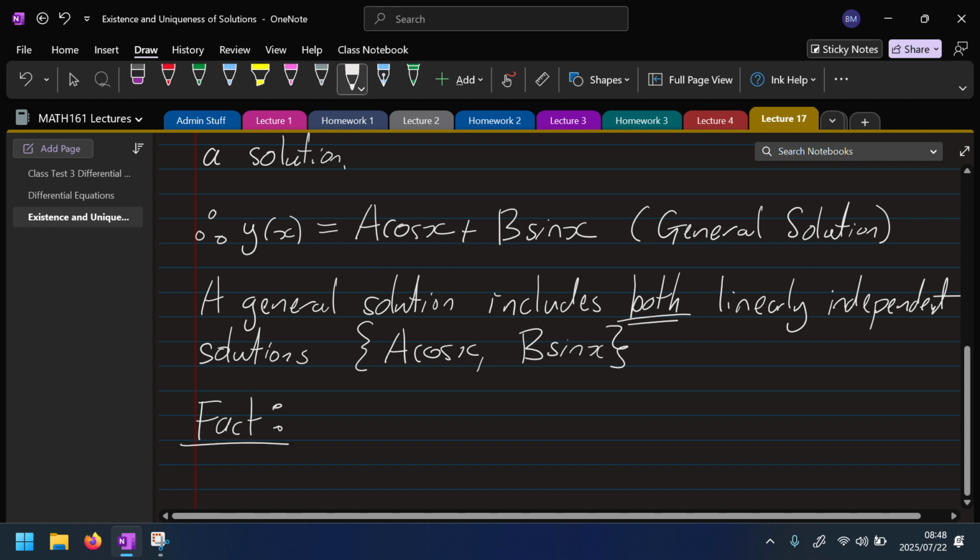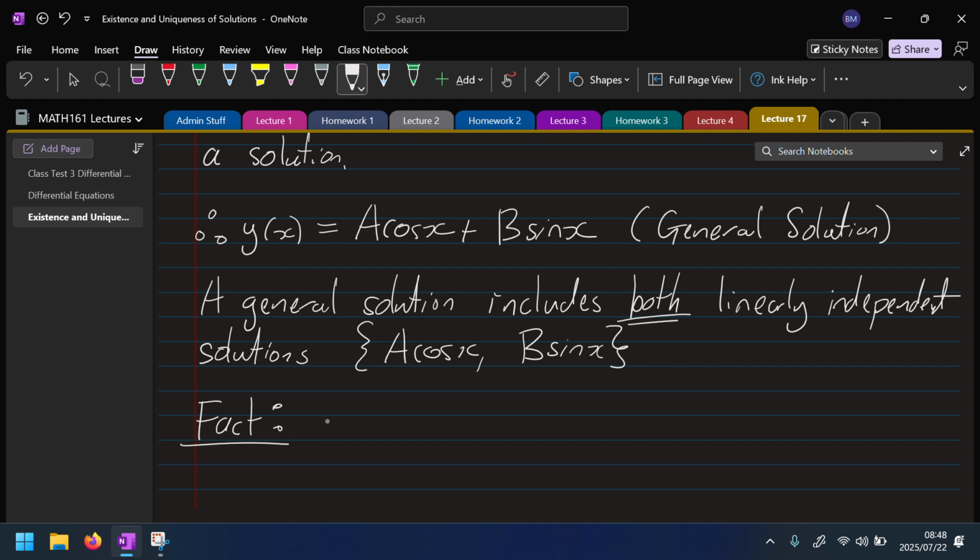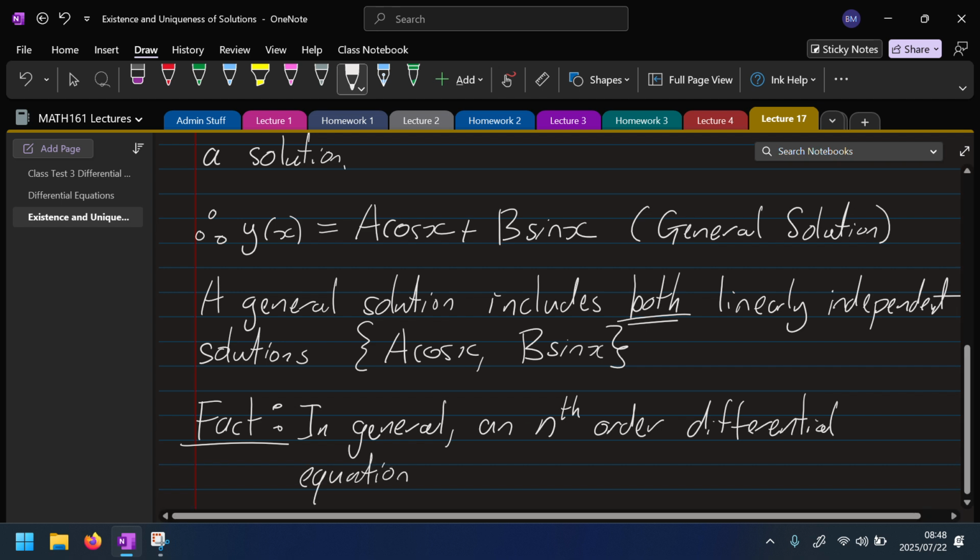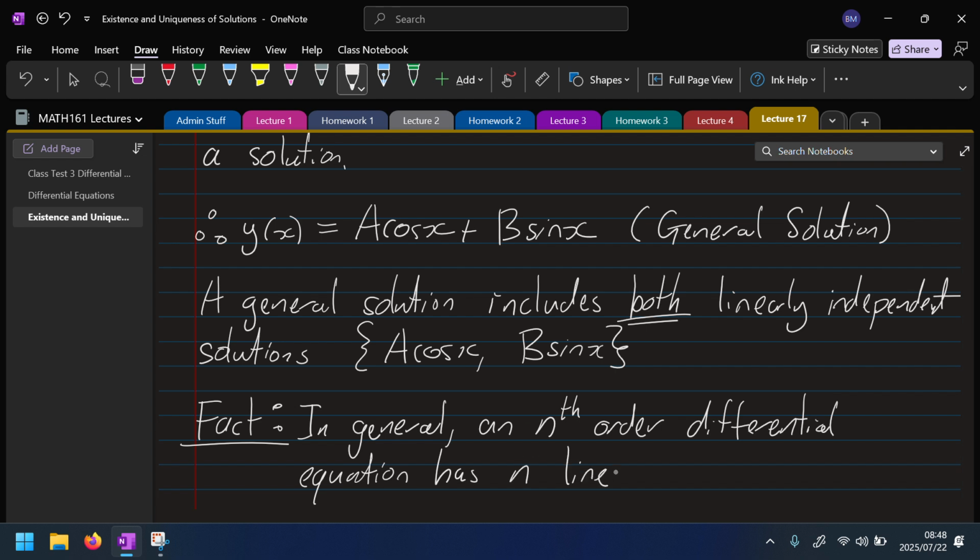Okay, and then just a little fact for you to remember. In general, an nth order differential equation has n linearly independent solutions.